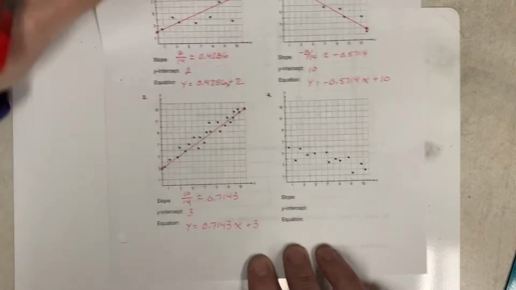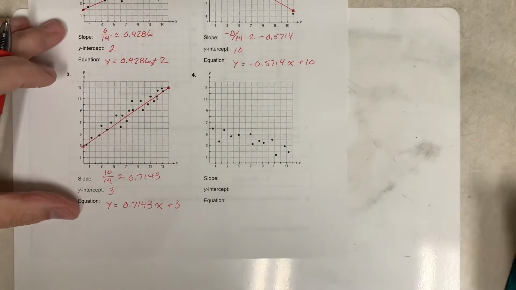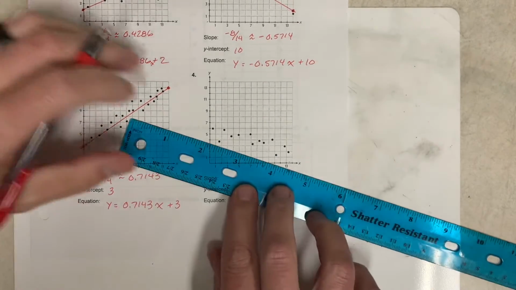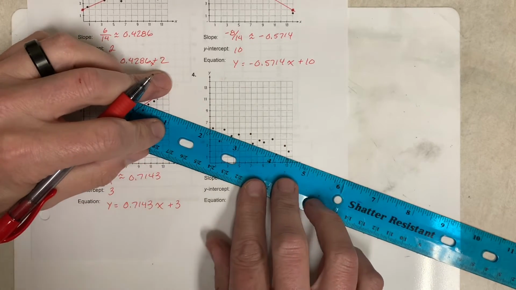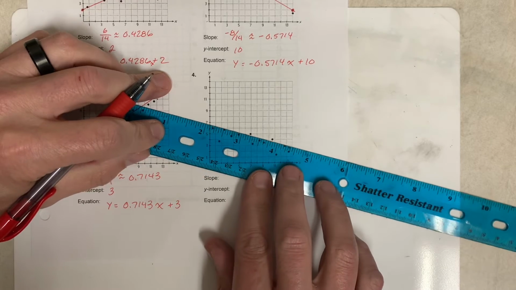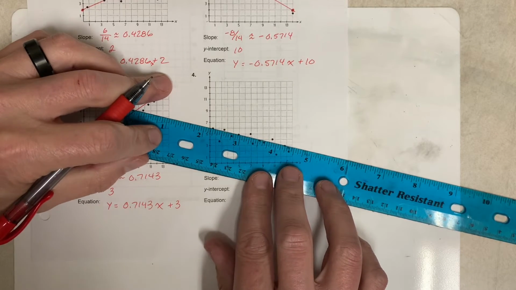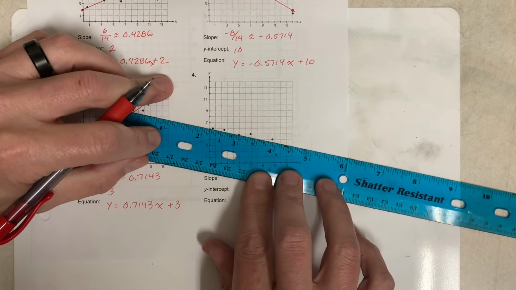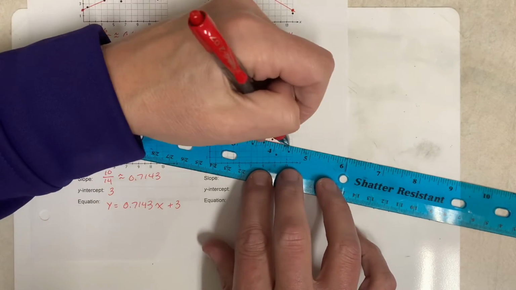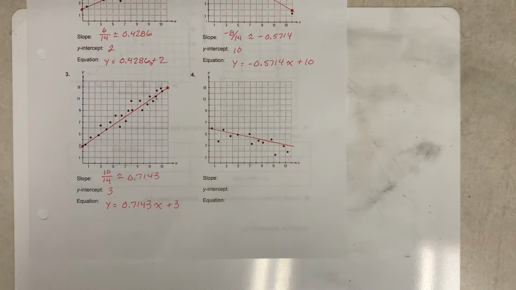And then number 4, same thing. I'm going to go ahead and start here. It looks like it's negative here, and then I'm going to go up to this one right there. Let's just make sure. That one looks pretty good. Okay.